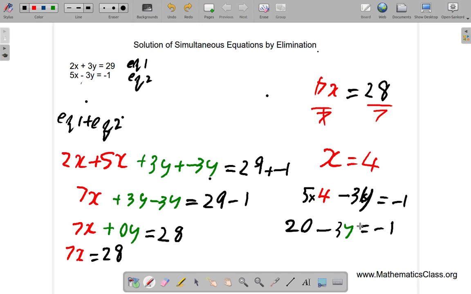If we subtract 20 from both sides of the equation, what we're going to have is 20 minus 3y equals negative 1. 20 minus 20, and over here minus 20.